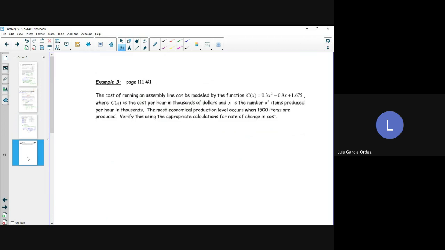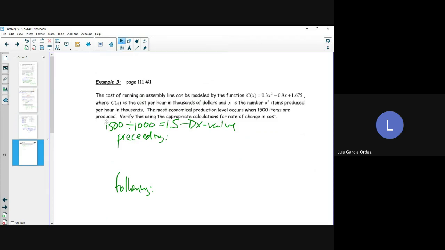Because it's in thousands, we need to take 1,500 and divide it by 1,000, which gives us 1.5. So this is going to be the x value we are going to be looking at. So what we can do is the preceding and following interval method.